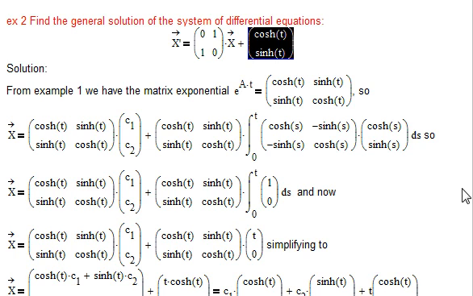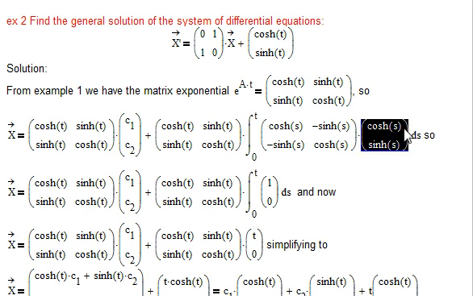So multiplying this out, we get cosh of s times cosh of s minus sinh of s times sinh of s, and you might recall cosh squared x minus sinh squared x is equal to 1. And so multiplying this out, negative sinh times cosh plus cosh times sinh, well, they cancel each other out, so it's 0.